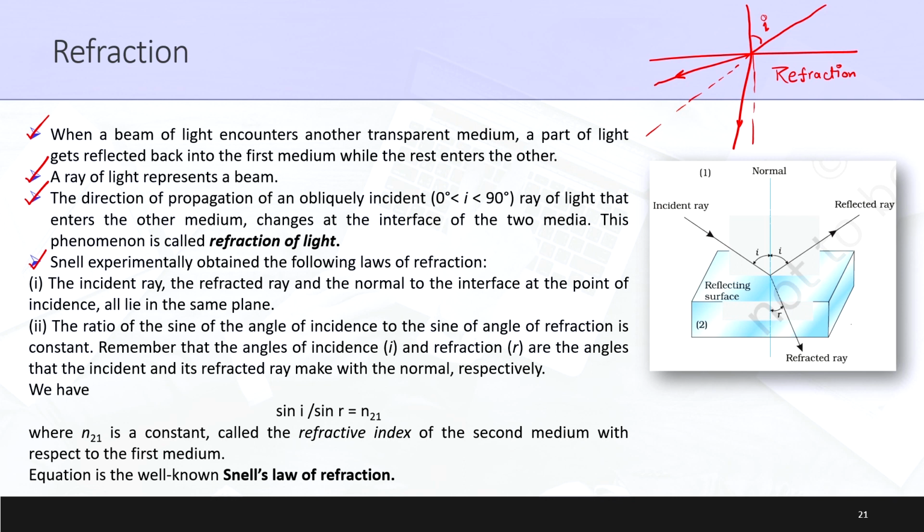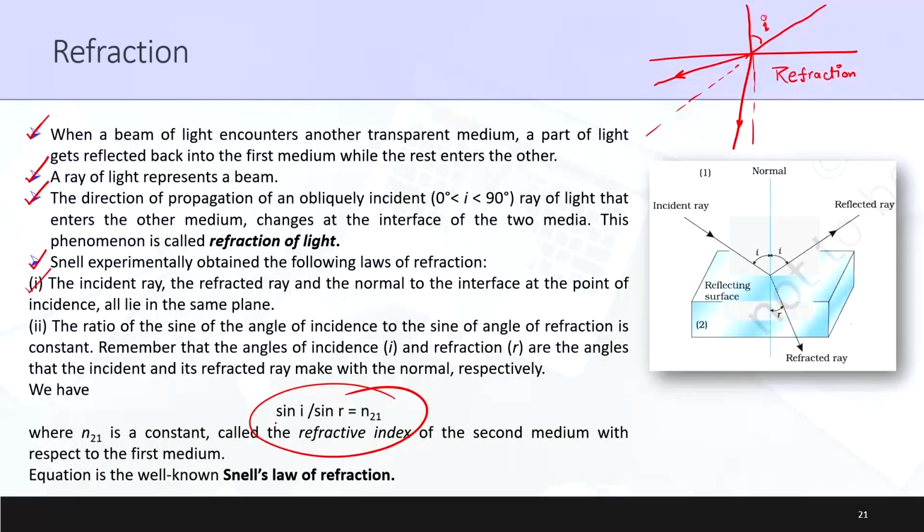This was the first law of refraction. Let us move on to the next law. The ratio of the sine of the angle of incidence to the sine of the angle of refraction is constant. Remember that the angles of incidence i and refraction r are the angles that the incident and refracted rays make with the normal. For the laws of reflection we had angle i equal to angle r, where i is the angle of incidence and r is the angle of reflection.